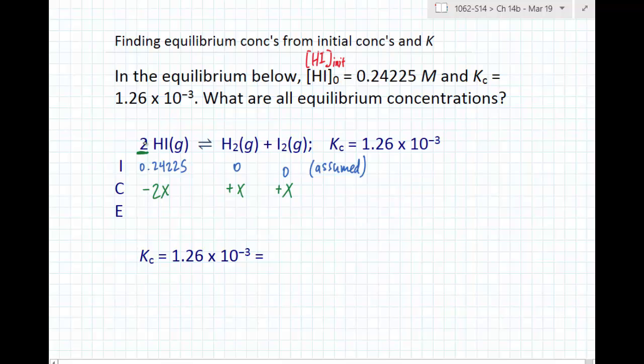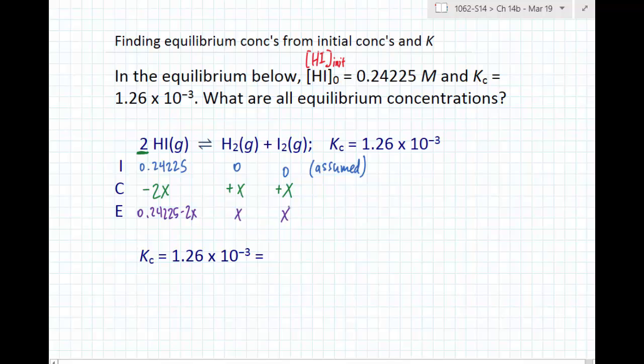So the concentration at equilibrium of HI in these terms would be 0.24225 minus 2x. And the concentrations of these two products at equilibrium in these terms would just be x for both of them.